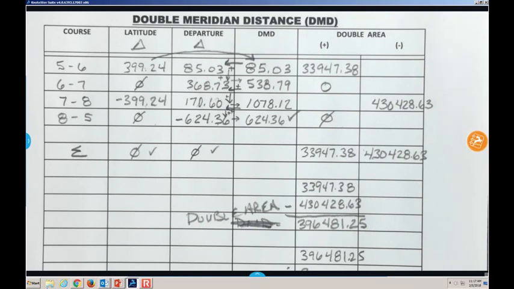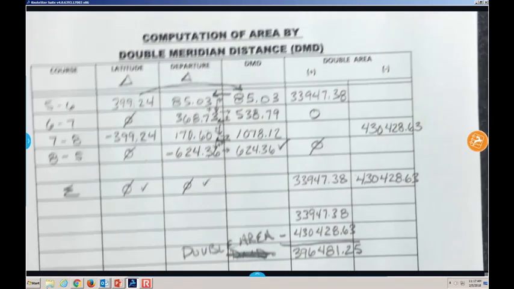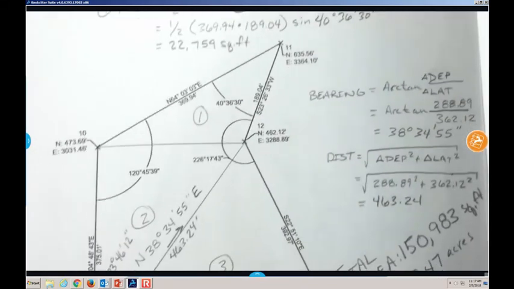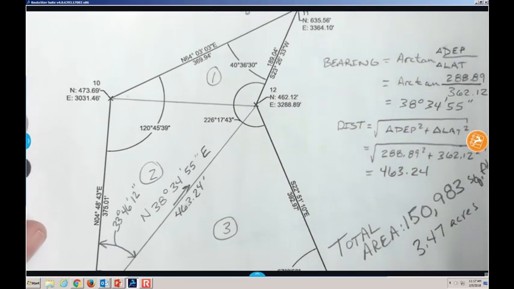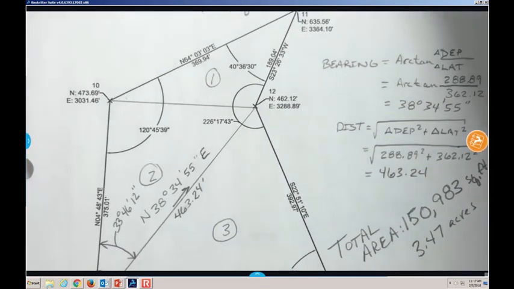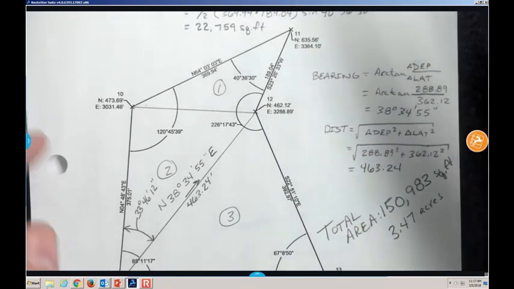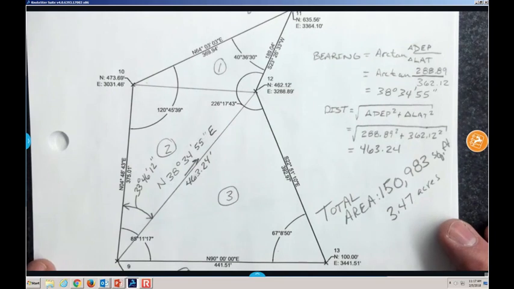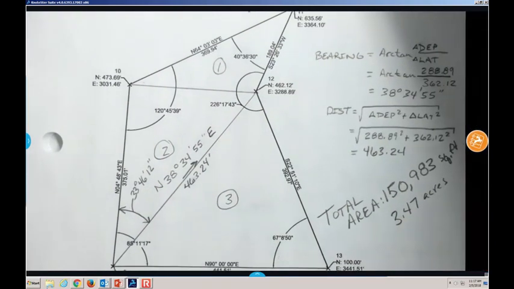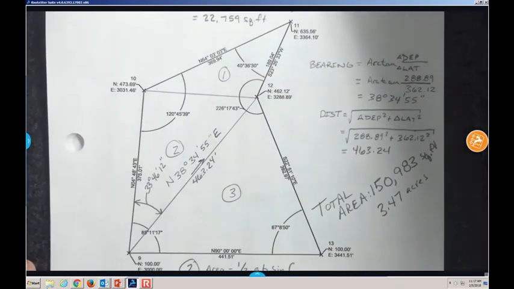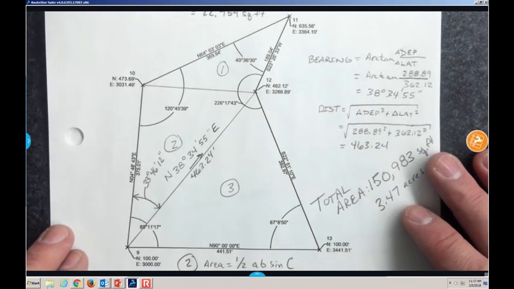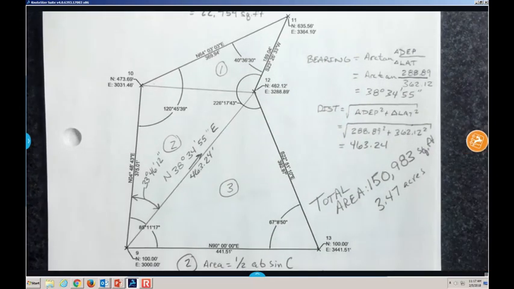Alright, so we figured out the double meridian distance of example 2. So let's figure out example 3. Why not? So here's example 3. I'm going to have to zoom out a bit. Alright, there's example 3.